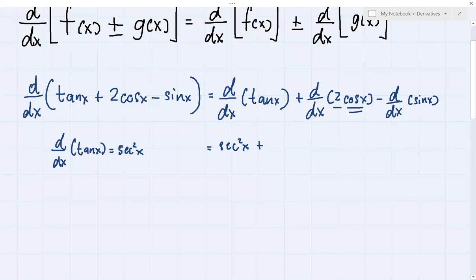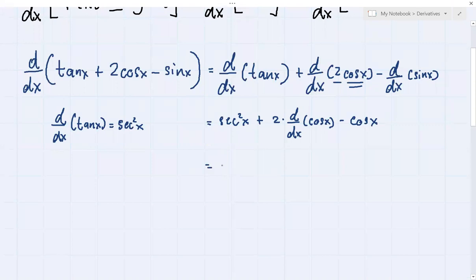So we have 2 and a cosine. So ano mangyayari? We will have 2 times the derivative of cosine x. That's it. Then, minus the derivative ng sin x. So, ang derivative ng sin x is what? Cosine x.